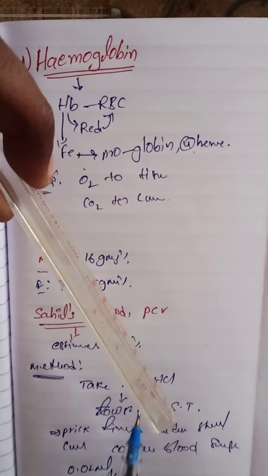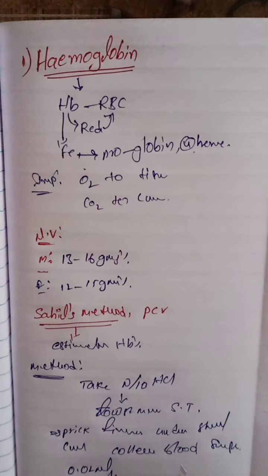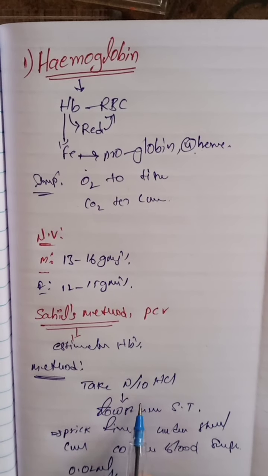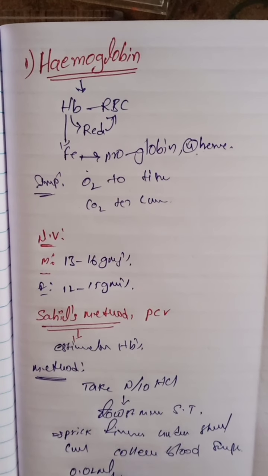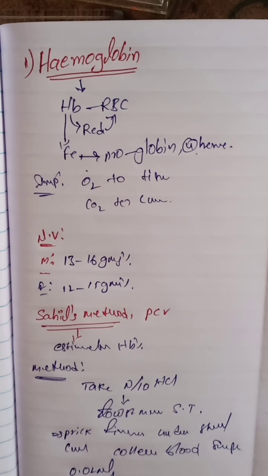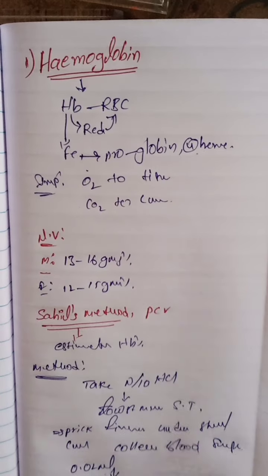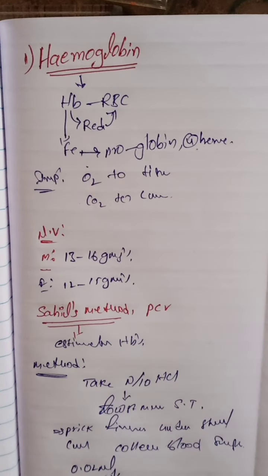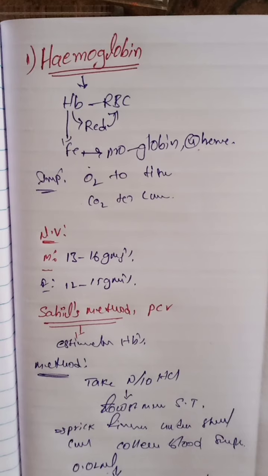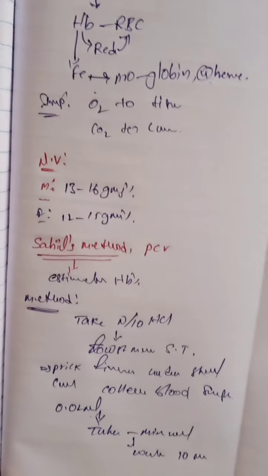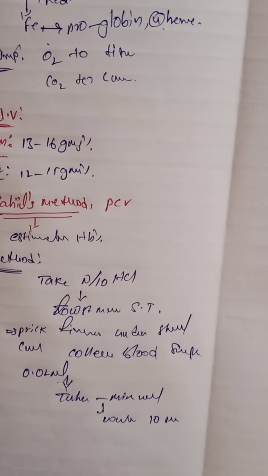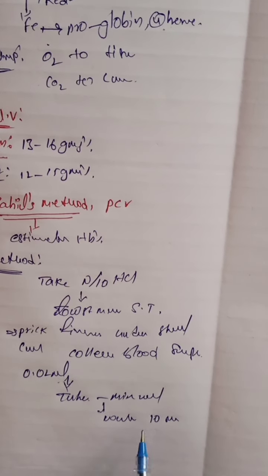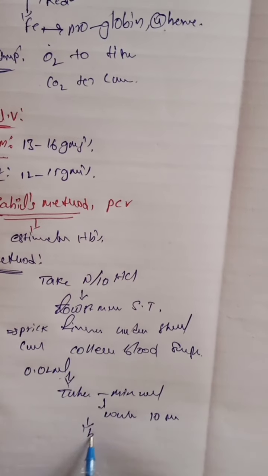The Sahli's tube already contains HCl, and now the blood sample is in the tube. Mix well and wait for 10 minutes. After 10 minutes it gives a brown color.